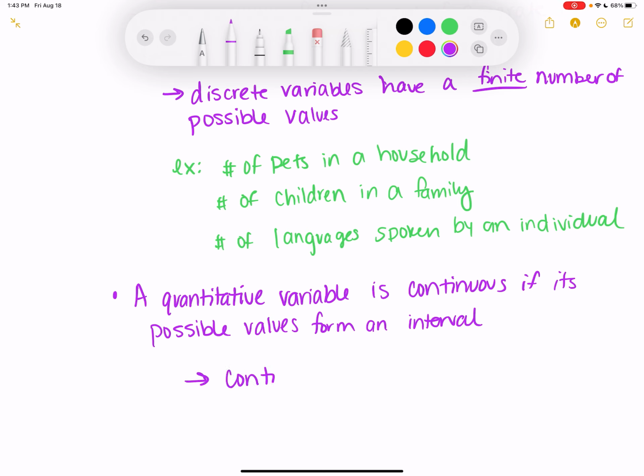Continuous variables have an infinite number of possible values.